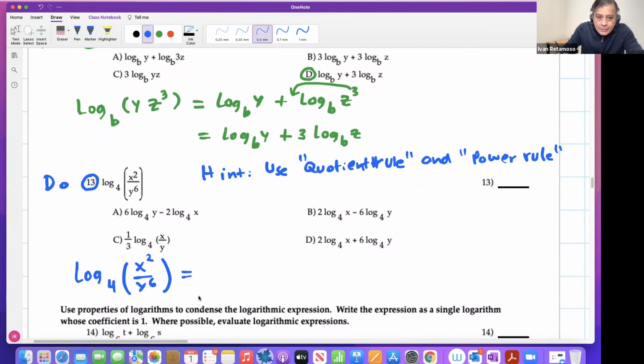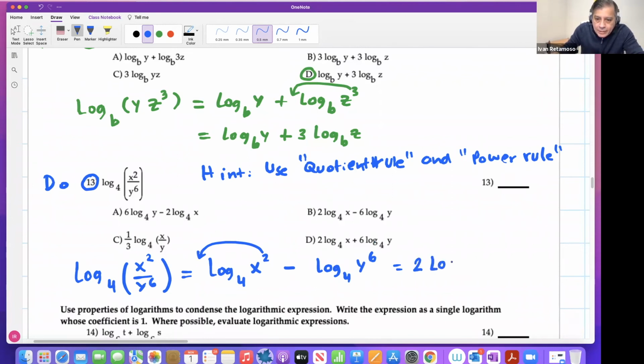All right, let's do it together so we can practice. According to the quotient rule first, this should be equal to log base 4 of x squared minus log base 4 of y to the 6th power. But also, according to the power rule, the exponent can be placed in front of the log.